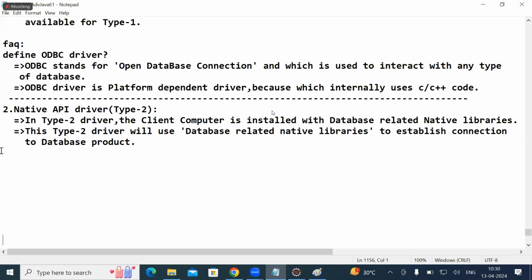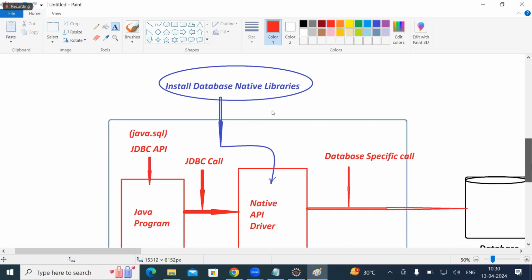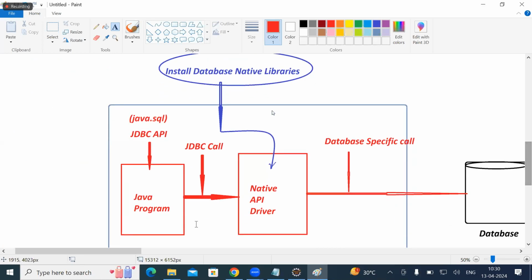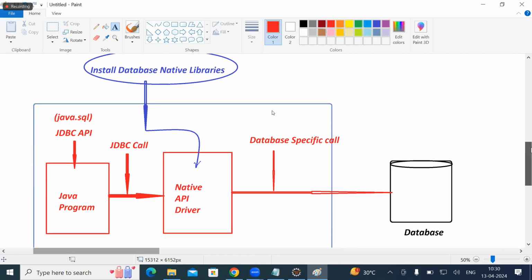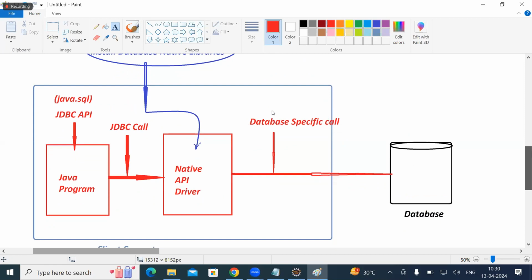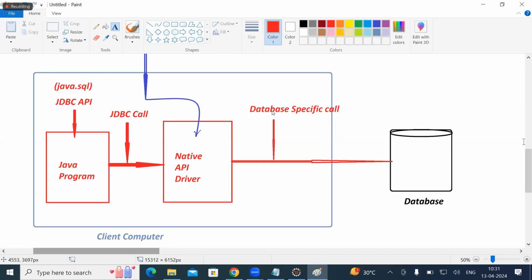Okay. Draw one diagram here. First you draw that structure, I'll show that arrow.